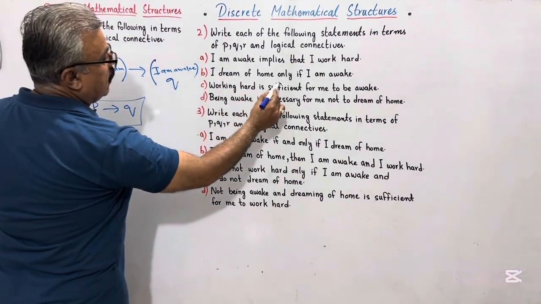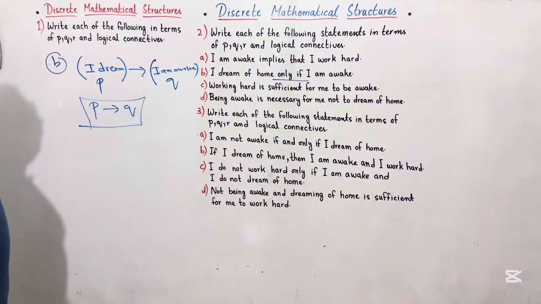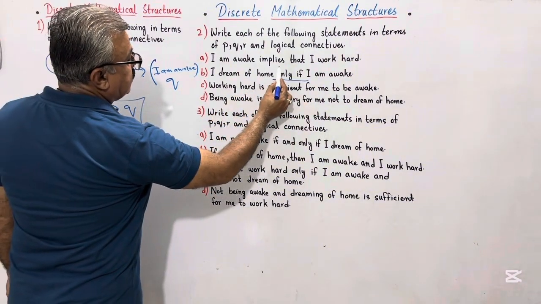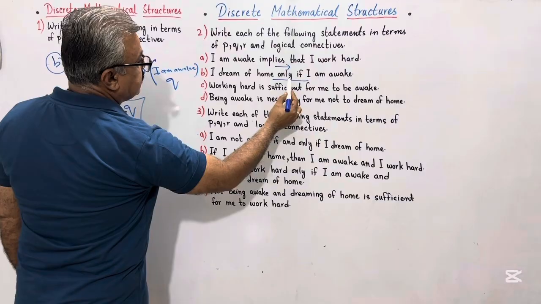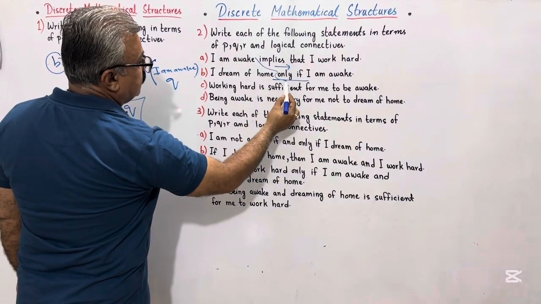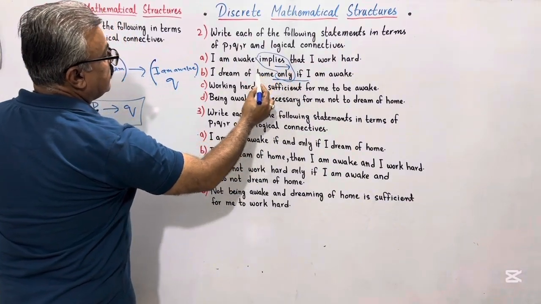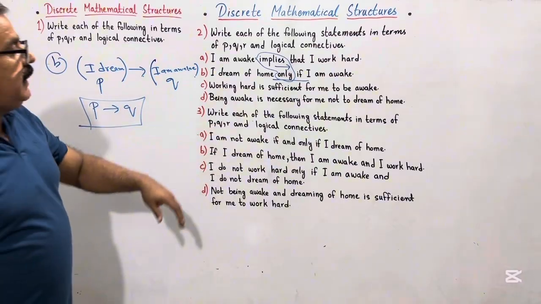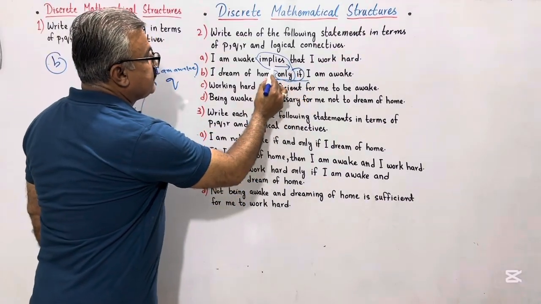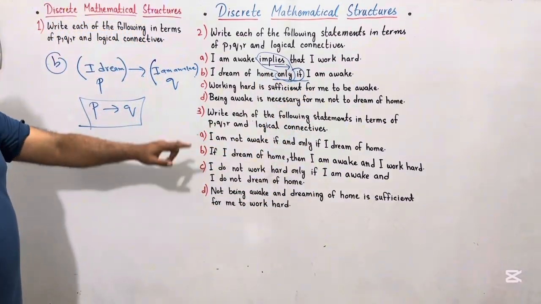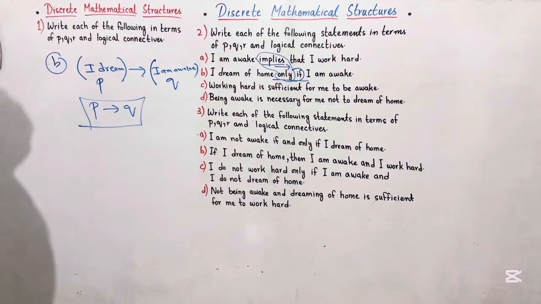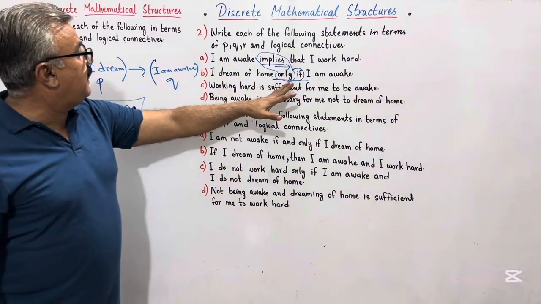I dream only if I am awake. Only if is the synonym for implies. In case of logical proofs, don't go here and there. Take only if as a synonym of implies. Only if means arrow.